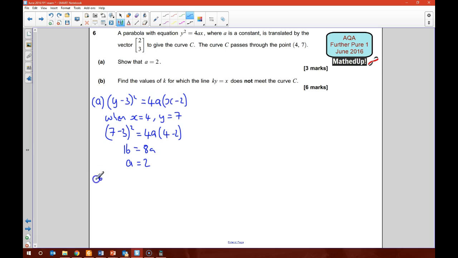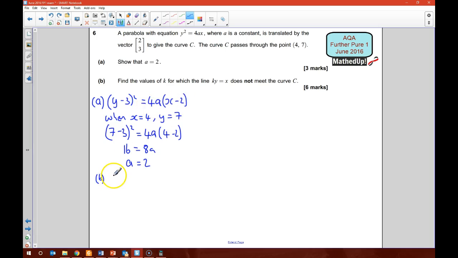Part B says find the values of k for which the line ky equals x does not meet the curve C. So our first job here is to replace our x in this equation with ky. While I'm doing this, I'm also going to expand the brackets. Remember, this is the equation of the curve C, but a we now know has a value of 2.